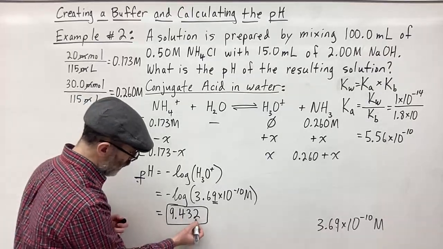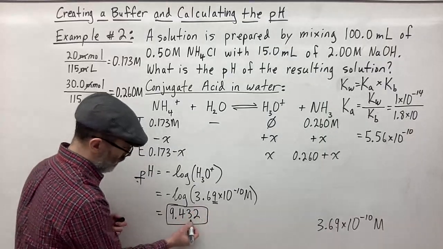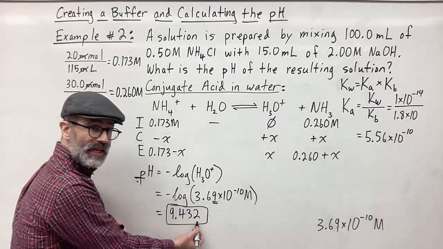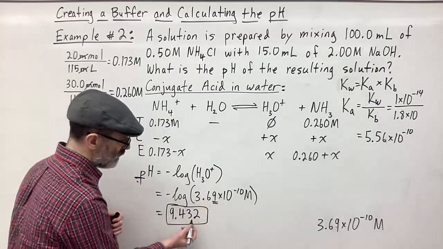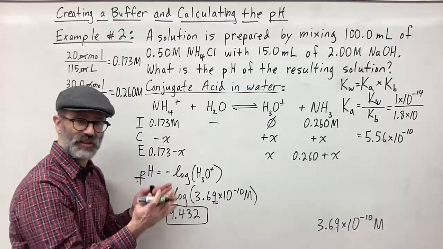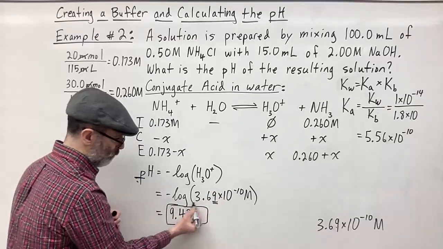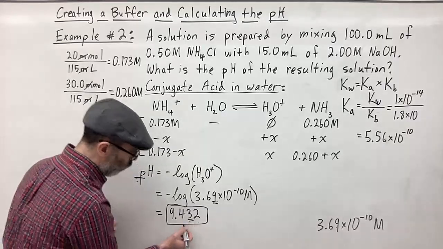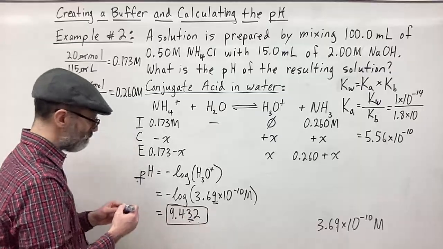So this number here is an extra digit that was kept because of the 9, right? If I did 3 sig figs here, then I end up with 3 decimal places. This here is just an extra digit for rounding mistakes. I don't want to round this number before taking the negative log because you'll get rounding error in your answer. So I keep the 9, and so here I have 3 sig figs, so I end up with 3 decimal places. But again, if I was to record this, then I would just record the 9.43 as my official final pH measurement.